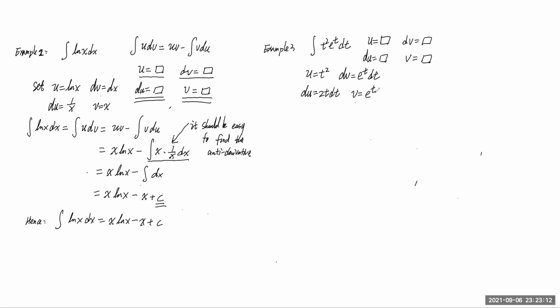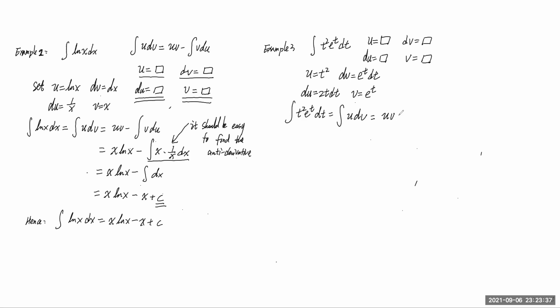You don't have to say. And then we have the integral of t squared e^t dt, which by the setting is the integral of u dv. You don't have to write this if you can skip this step. I just write it to help you get familiar with the formula for integration by parts.